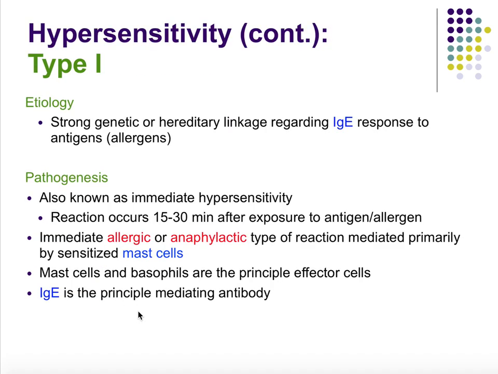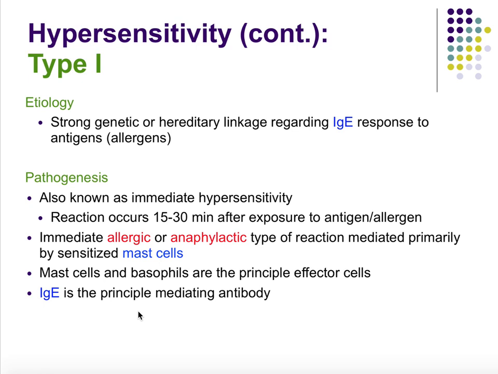So let's talk about types 1, 2, and 3. Hypersensitivity types 1, 2, and 3 all involve your IgE. For the etiology, there's a strong genetic component and hereditary linkage in regards to our IgEs being involved. What's the pathogenesis?